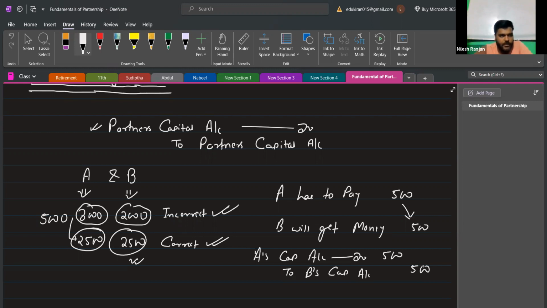No, sir. So I'm just repeating the concept once more, and then we will start our goodwill chapter. The first thing, you have to remember the features of partnership. It can be asked in examination as objective question.